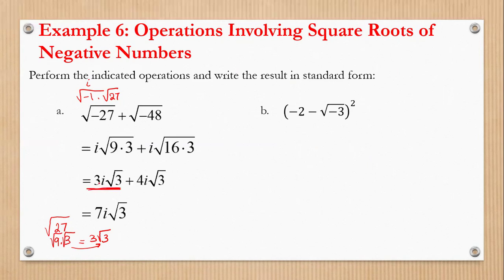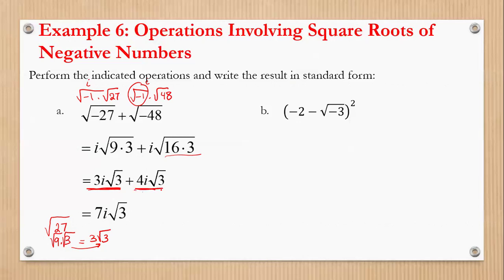We do the same for the square root of negative 48, because negative 48 is negative 1 times 48. This is my I. And 48 is 16 times 3, and the square root of 16 is 4, so we have 4I root 3.